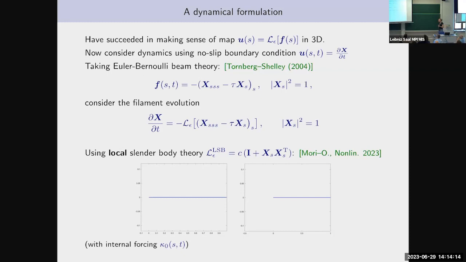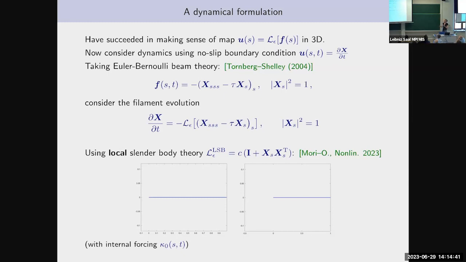This L epsilon operator is important because using the full classical non-local slender body theory to try to understand this evolution won't work because of those high wave number problems, right? But one simpler problem that we can consider first is just using local slender body theory, which is where you essentially just ignore the integral term in the slender body approximation.